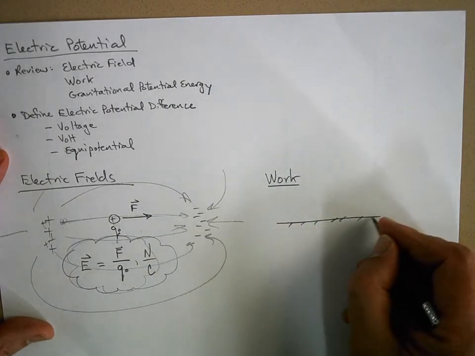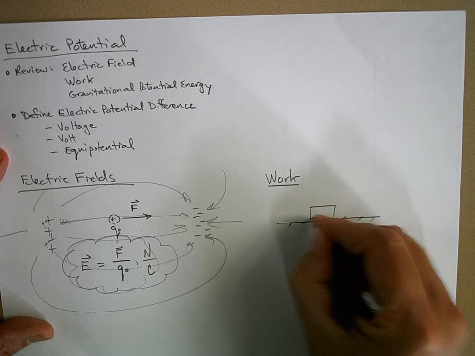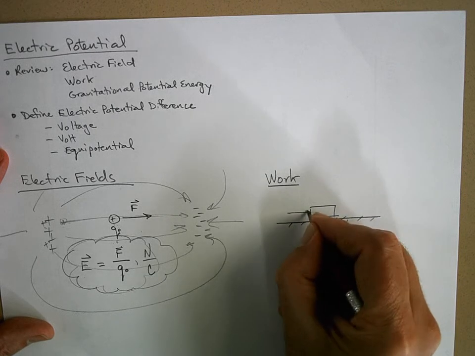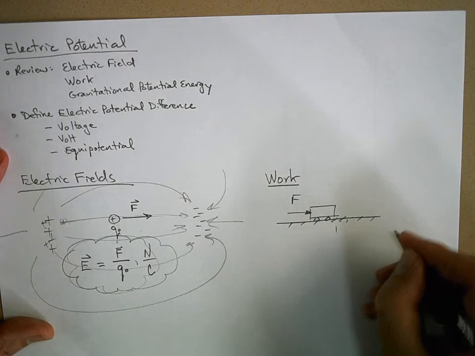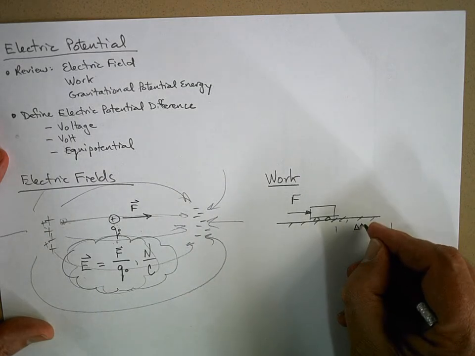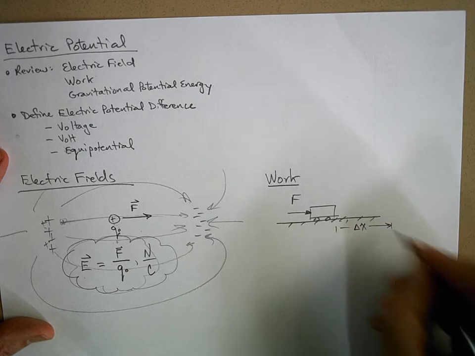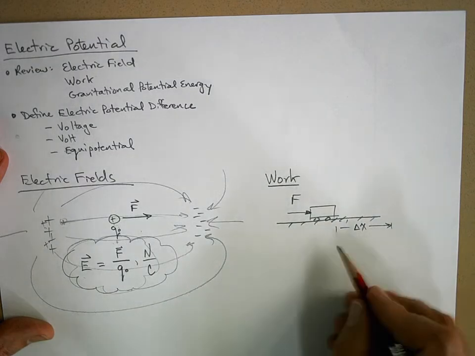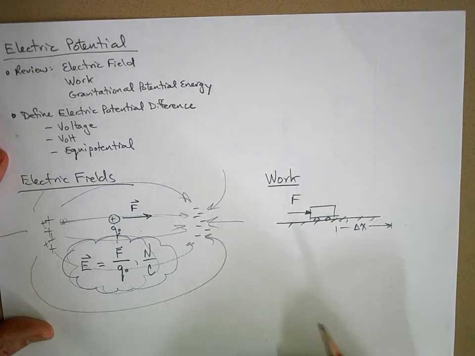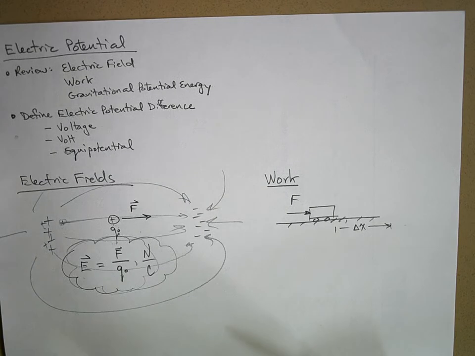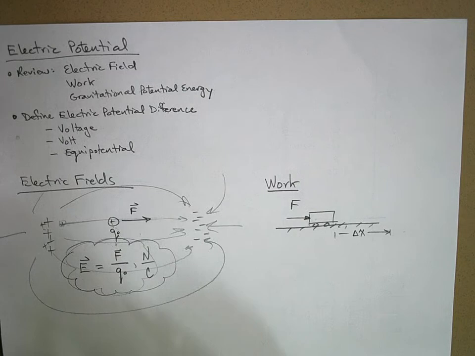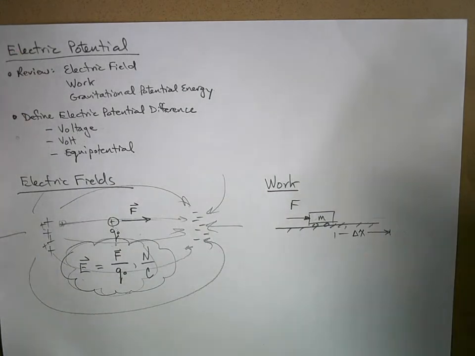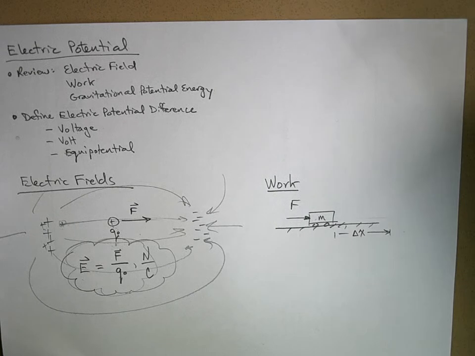And so the example that I usually use here is if I have a little car and someone is applying an outside force to it, and that object displaces through a certain displacement, a certain distance here in this direction, that the work, that somebody somewhere has energy, and they're transferring energy into this little car, and that car, maybe it has a mass of m, it's going to gain kinetic energy.